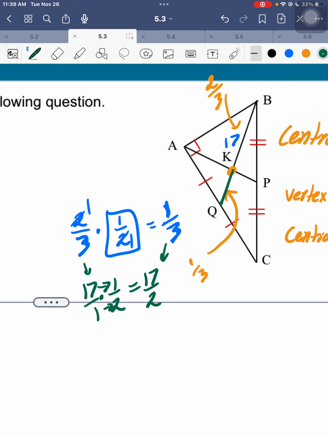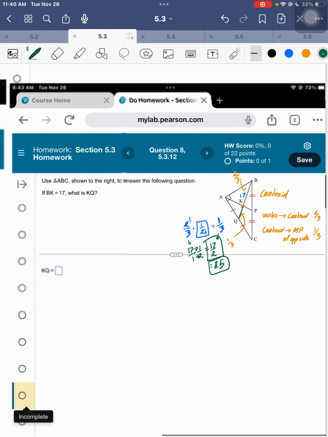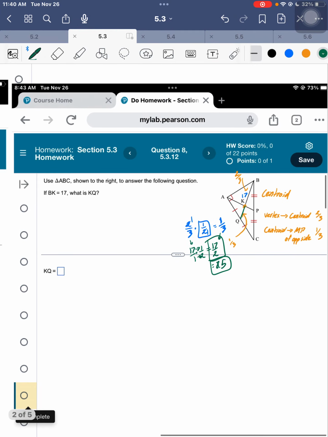You just multiply straight across. 17 divided by 2 can also be written as 8.5, right? So either way, I will accept any answer, 17 over 2 or 8.5. It doesn't matter, okay? So that's your answer to KQ.